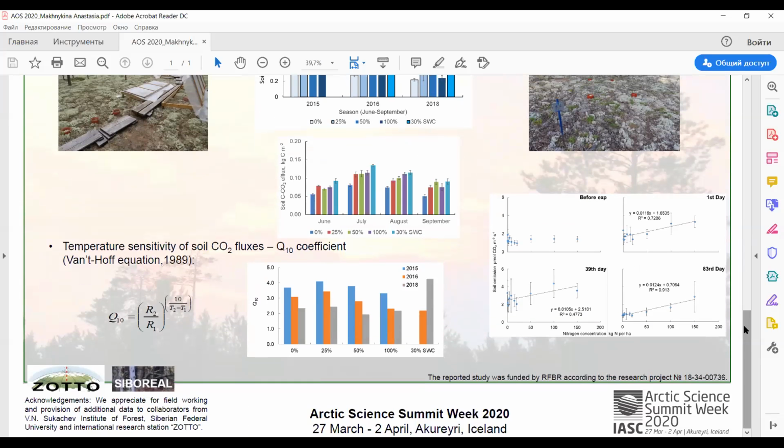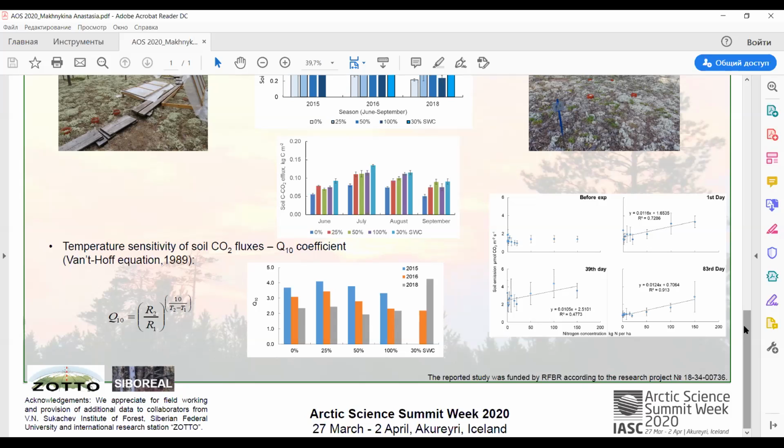If we look at differences between the months, we found that the biggest emissions were at the end of July, in July and August, the biggest part of the seasonal CO2 emission was in these months.